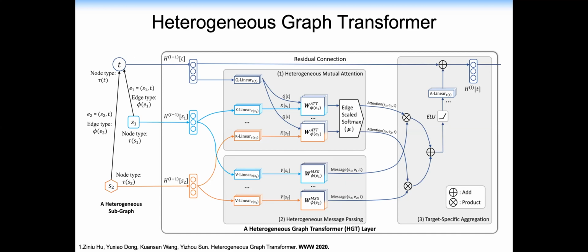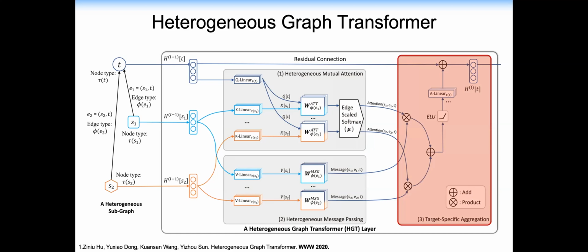Given the three-node knowledge graph on the left as an example, as the first step, it calculates the mutual attention between the two source nodes and the target node, meaning the attention between S2 and T, as well as S1 and T. As the second step, it computes the message that will be propagated from the source node to the target node, meaning again from S2 or S1 to the target node T. The final step is to aggregate the attention from the first step and the message from the second step, specific to each type of relation.